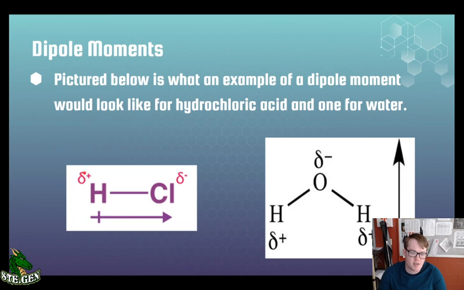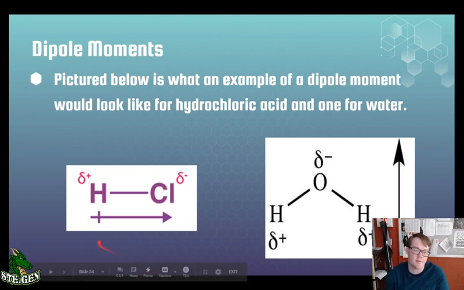This little sigma here is going to be used for partial charges. So this is not actually a positive charge because HCl is neutral, but it's slightly more positive on the hydrogen side, and slightly more negative on the chlorine side. How slight those charges are is based on electronegativity. So we would say the net dipole for hydrochloric acid points towards chlorine.